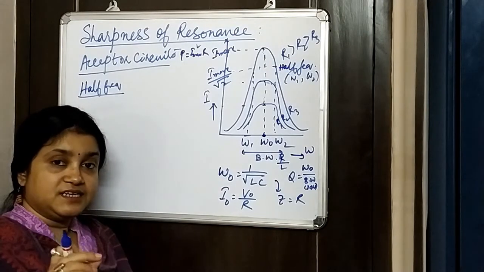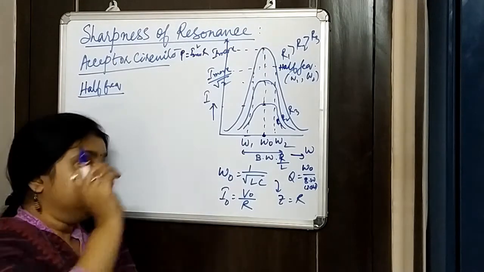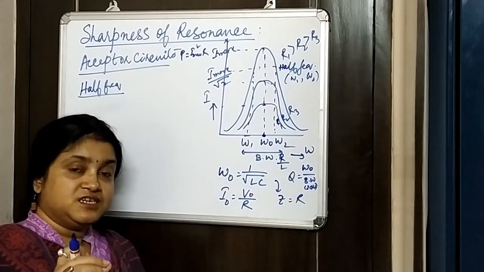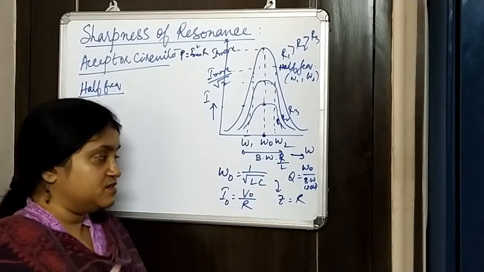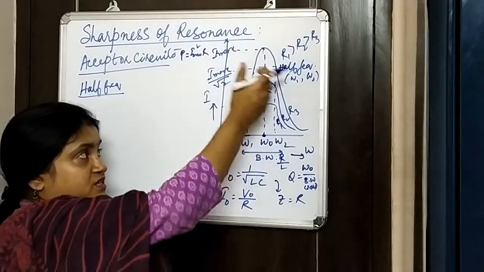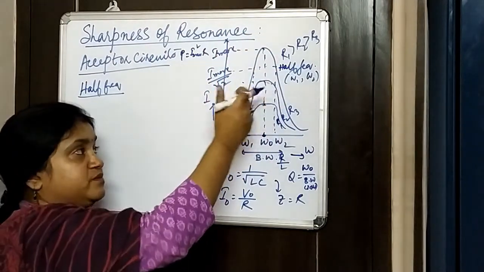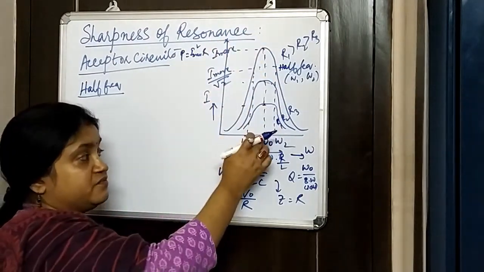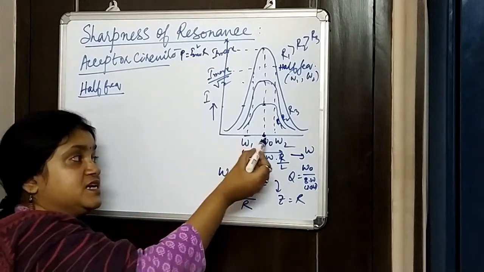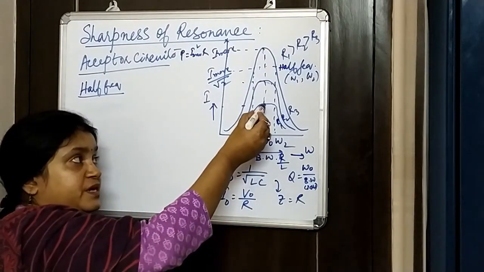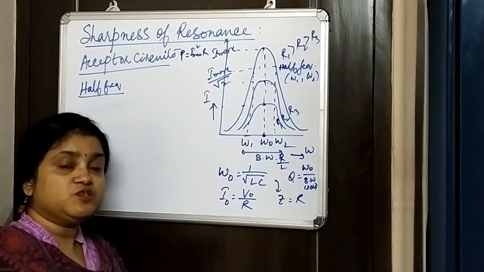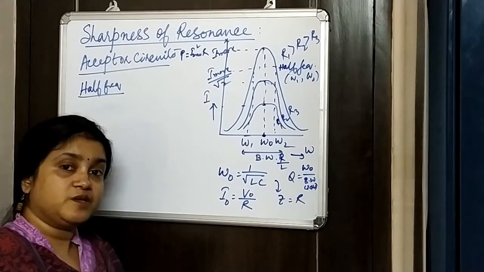So in a circuit, if I keep the inductor and the capacitor fixed and keep on changing the resistance, the curve changes and the maximum current changes, but the frequency at which the resonance occurs is fixed. The peak of the current occurs at the same frequency, which we call the resonant frequency.